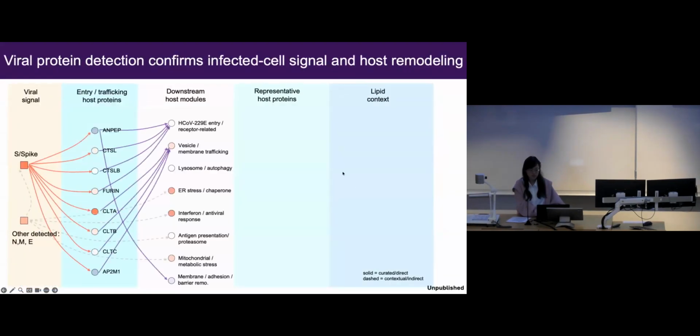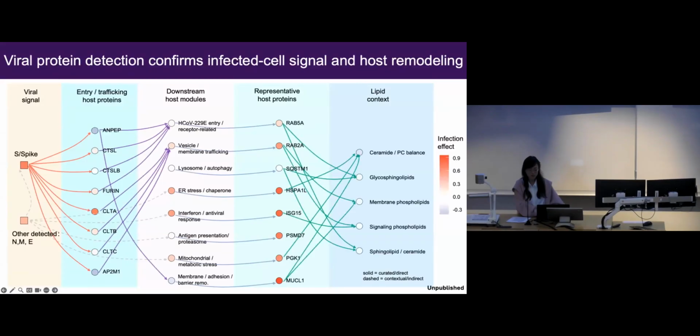Finally, we want to connect the viral signal to the host remodeling and the lipid context. From the left, we detect the viral proteins, including the spike and other structural proteins. The diagram links the viral signals to entry and trafficking host proteins, such as the very well-known clathrin-related proteins. Those proteins are connected to downstream host modules, such as receptor-related entry, the vesicles, and also membrane trafficking.